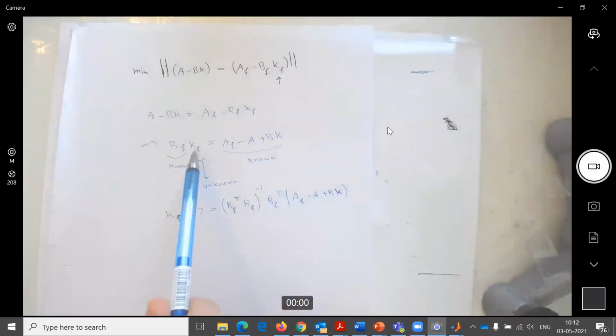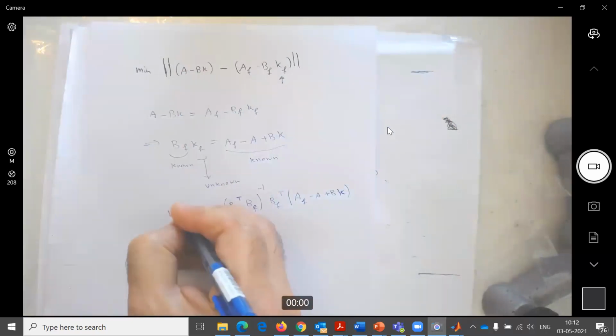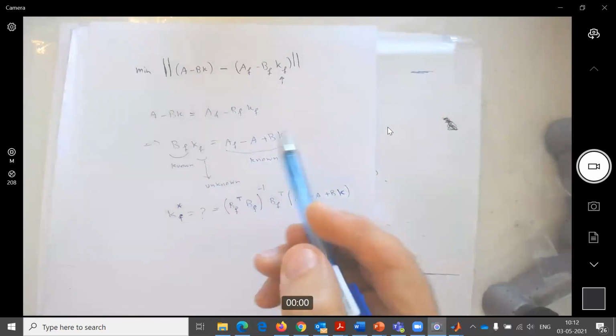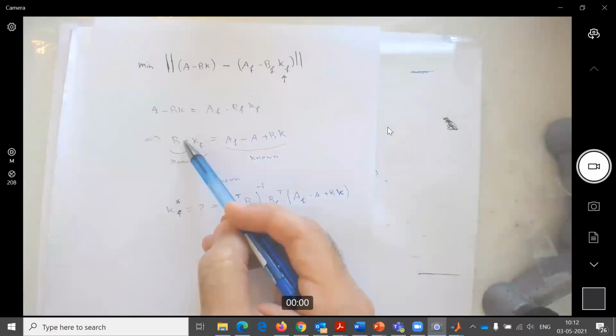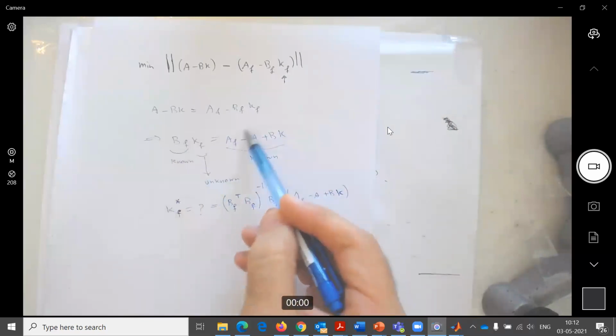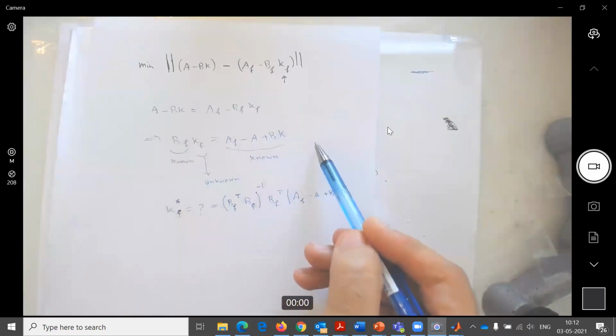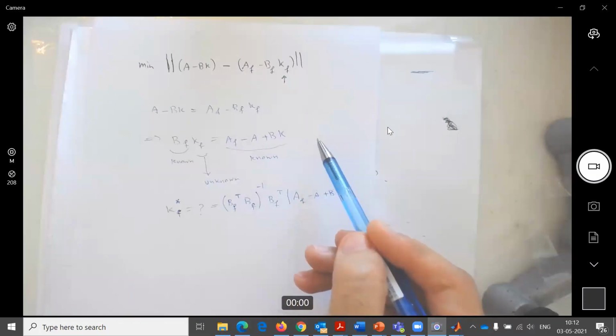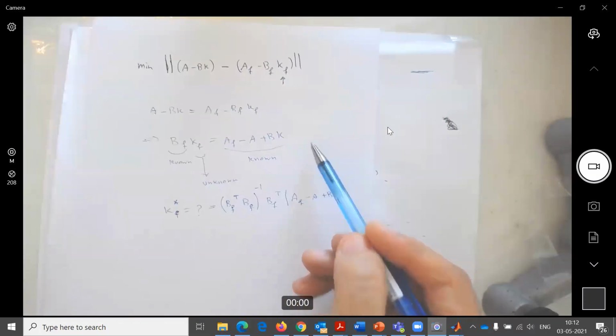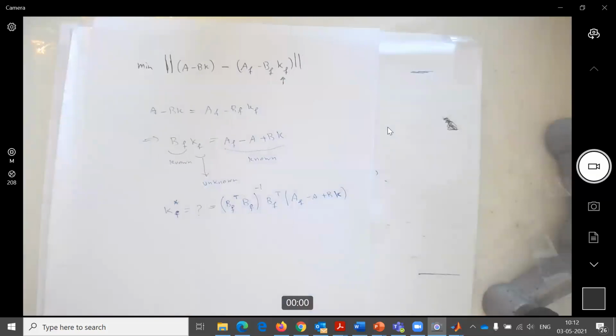Then the solution for KF, usually we call it KF star, would be the pseudo inverse of this matrix multiplied by the known matrix on the right side. It's the same procedure. I will not repeat that for the next cases, but all of them would be the same.